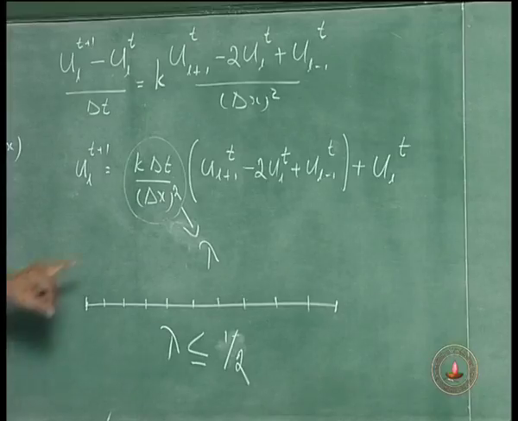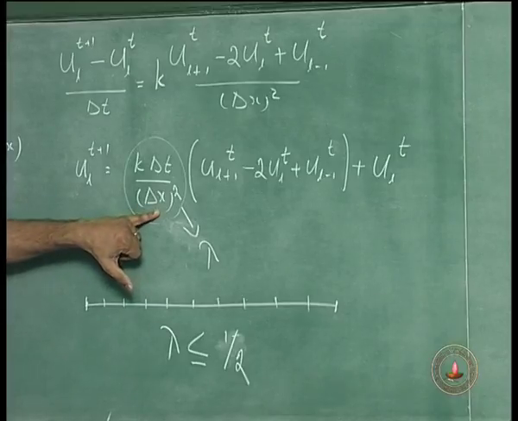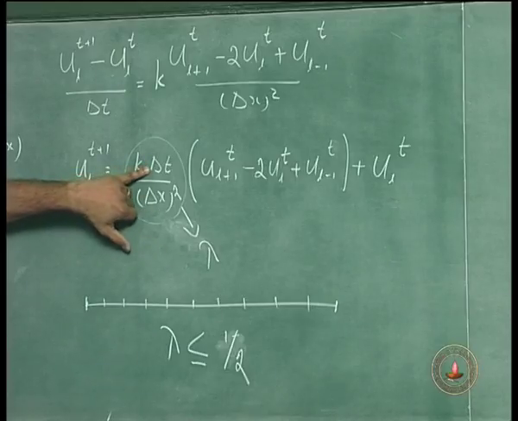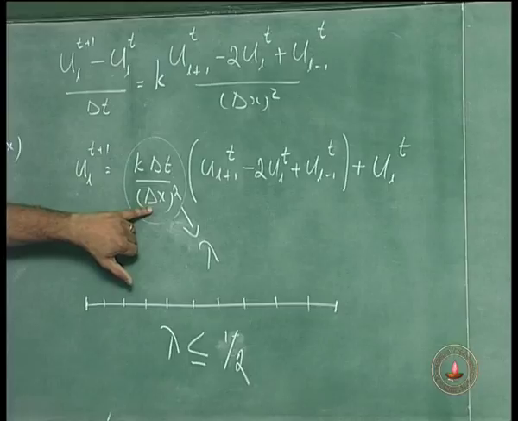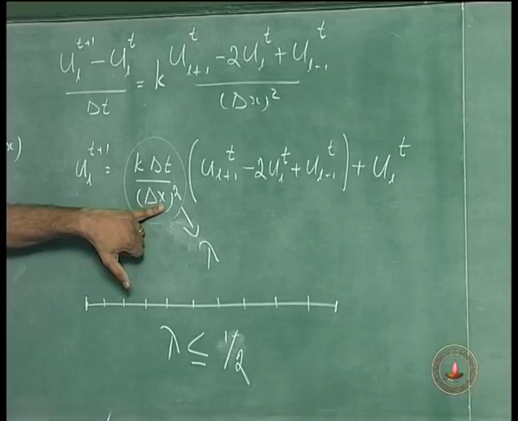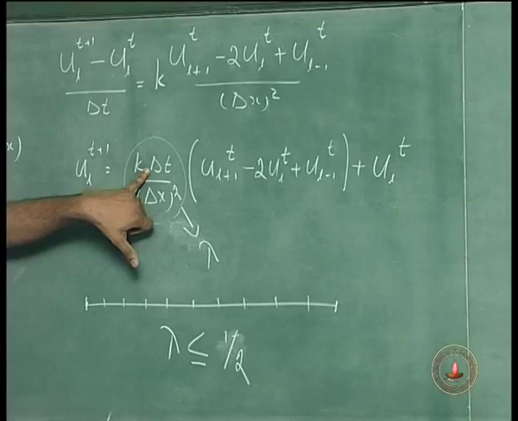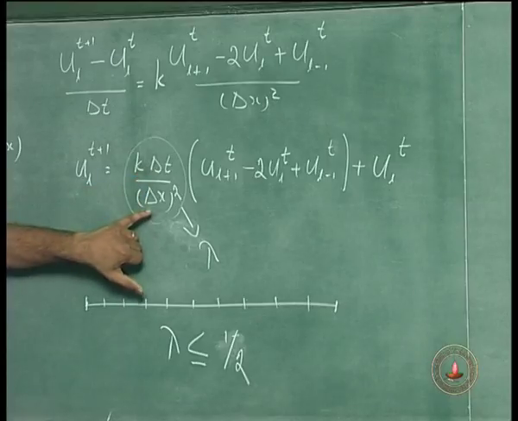So what happens is, if you change delta x here, to keep lambda the same, we also have to change delta t. Okay. You can see that if I halve the delta x, to get the same stability and to see that the equation is stable, I have to go 1/4 in delta t, right, because this is delta x square.